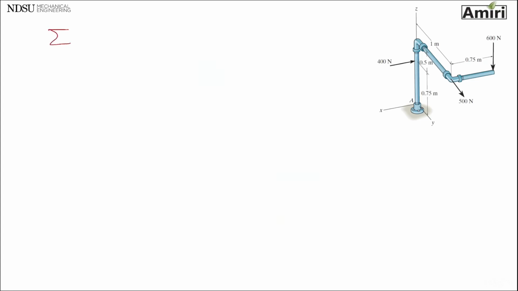I start with moment about point A in direction of X, summation of all those equals 0. So that means anything that causes rotation about X axis, this way or this way. I see two forces that will cause that rotation in X axis. One of them is that 500.